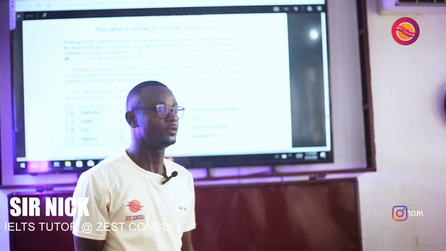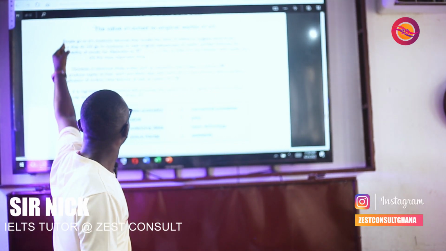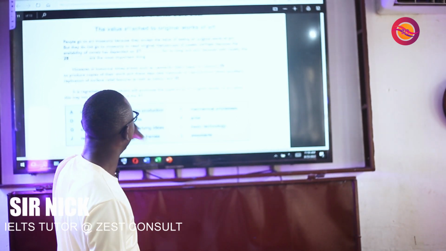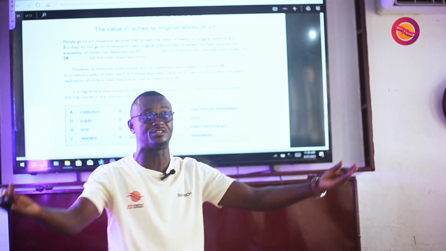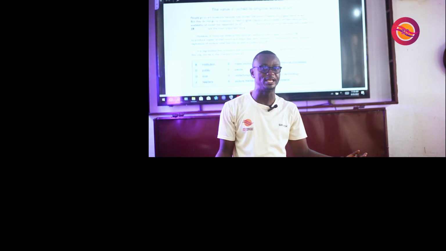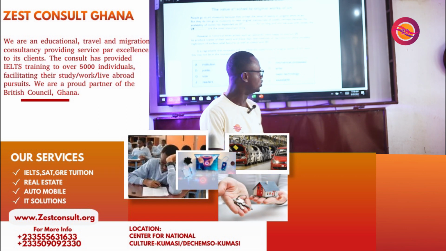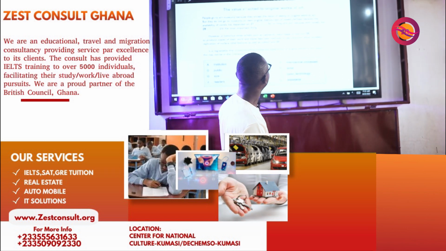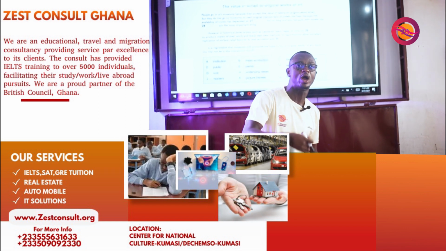So what does it mean? It means that the summary says that people go to art museums. Of course, we know art museums, yes or no? So we are saying that people go to art museums because they accept the value of seeing an original work of art.